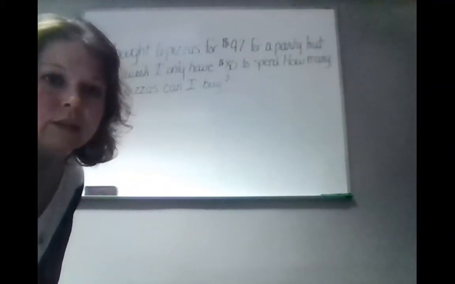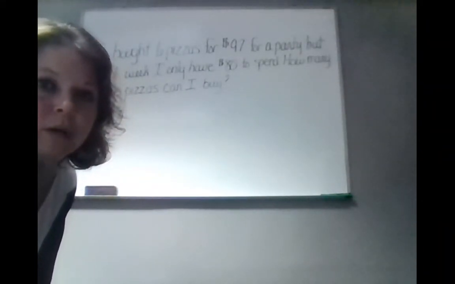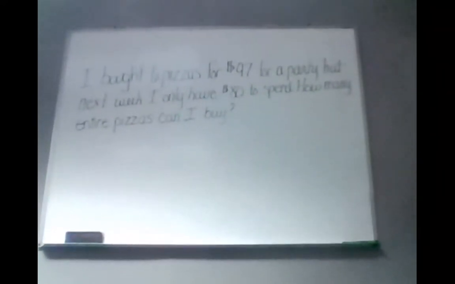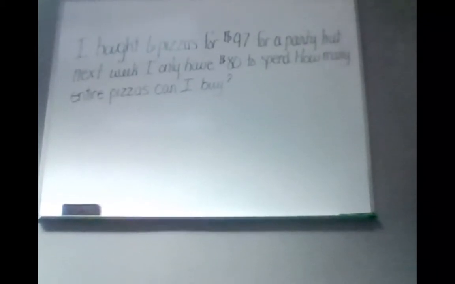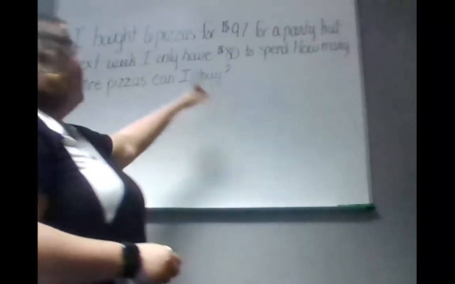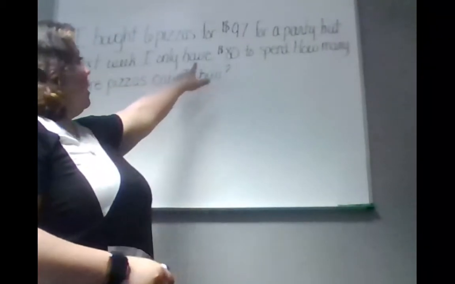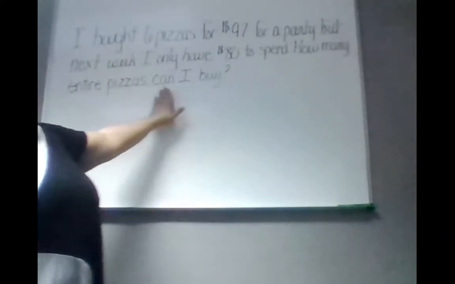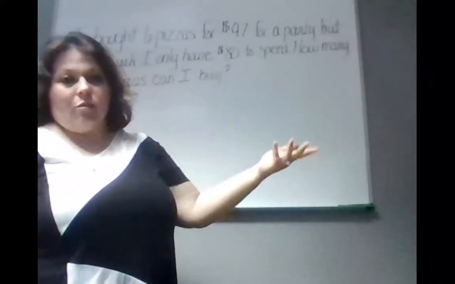I'm going to try and zoom this in a little bit so that you can see the problem better. It looks blurry, I'm sorry. But it says I bought 6 pizzas for $97 for a party. But next week I only have $80 to spend. How many entire pizzas can I buy next week?